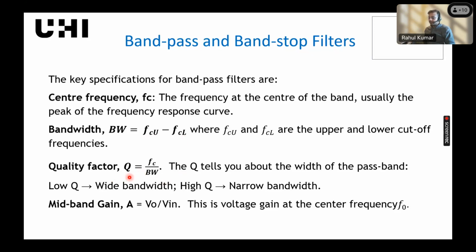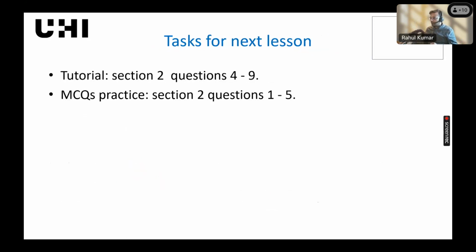And the quality factor is given by this formula. So a low quality factor means wider bandwidth, and a high quality factor means narrow bandwidth. Okay. So this is all that we wanted to discuss in today's class. And these are the tutorial questions and the MCQs.